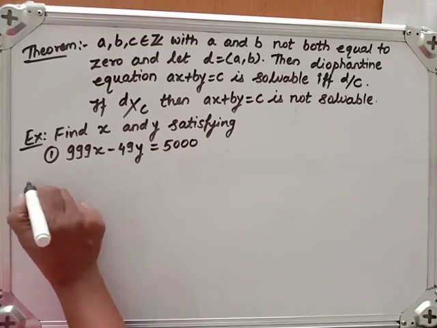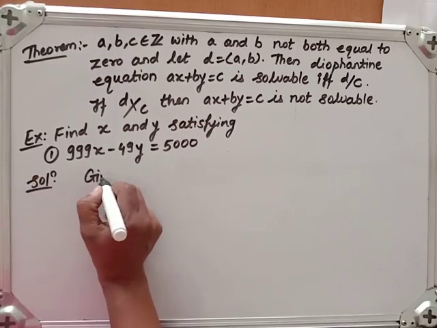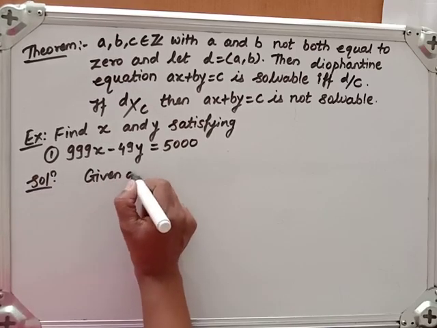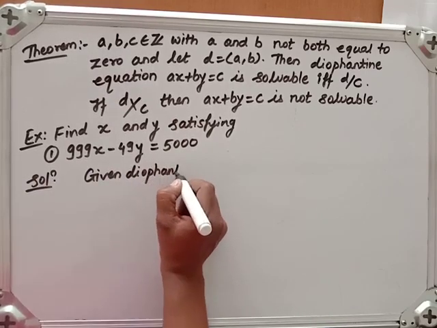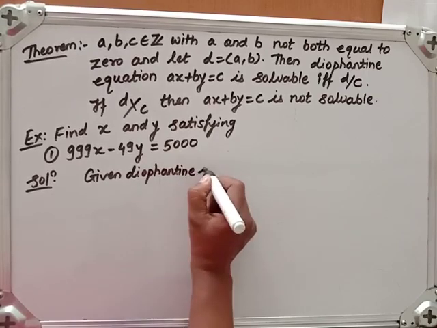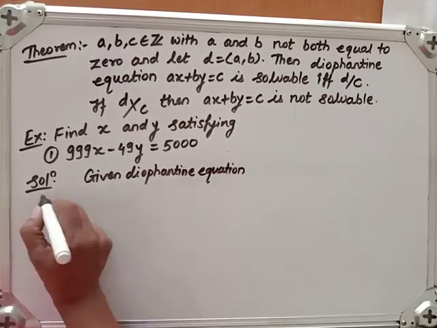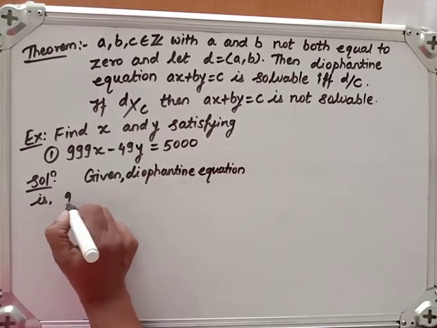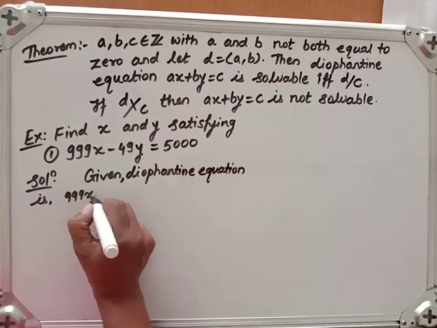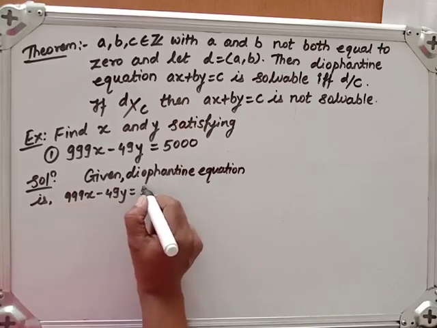So let's solve this. Given Diophantine equation is 999x minus 49y equal to 5000.